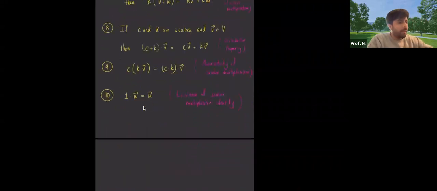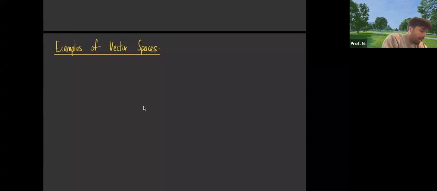Okay, so now let's be a bit more concrete with this, and let's talk about examples of vector spaces. And probably the simplest, and I would say probably the most uninteresting one, is the zero vector space.